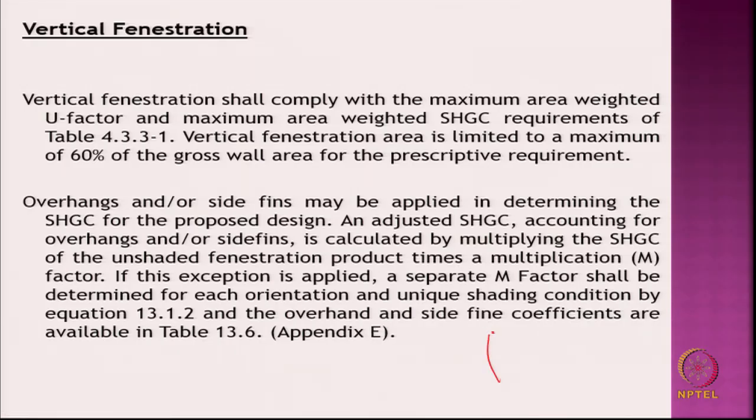You know, because you have vertical shading devices, I mean fins, let us say this is your wall, and then there can be vertical fins. So, these side fins can also be applied for determining this, because some proportion of the solar radiation will not enter.